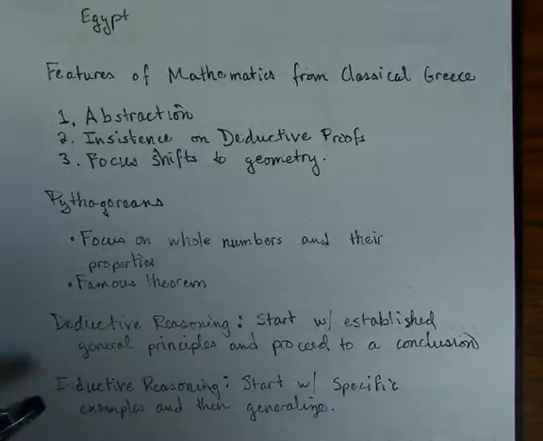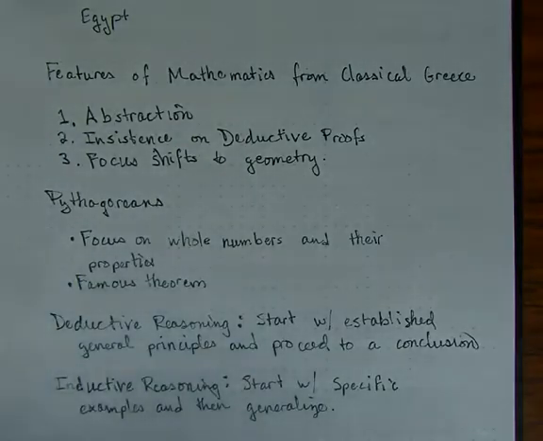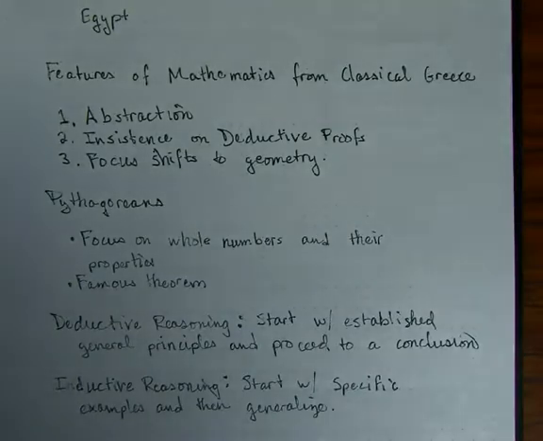Whereas inductive reasoning starts with specific examples, and then we try to generalize from those specific examples. As mentioned in Makers of Mathematics, the classical Greeks, in particular the Pythagoreans, were focused on properties of whole numbers.